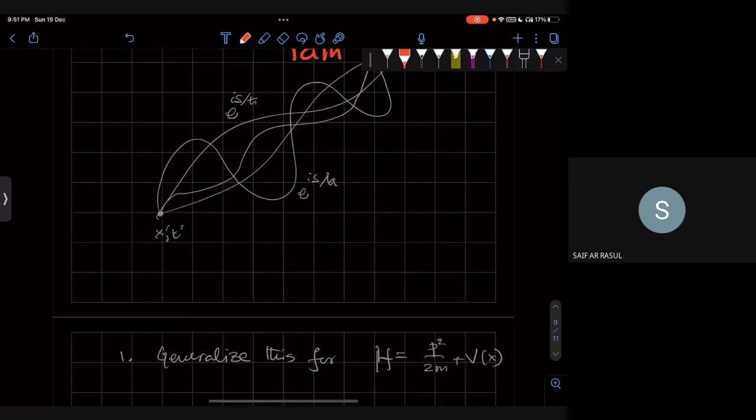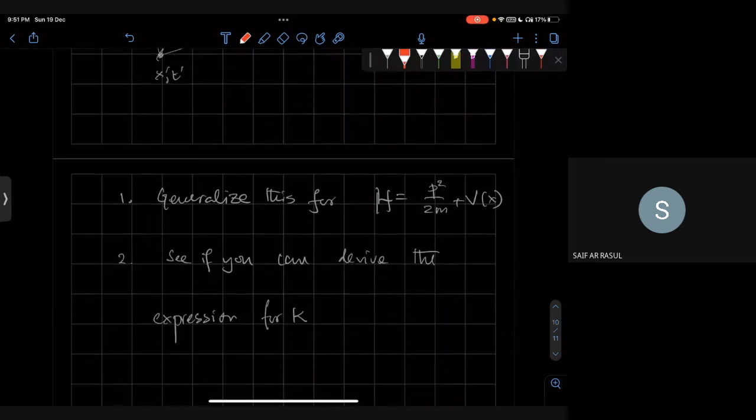Okay, so see if you can derive the expression for k as a path integral.